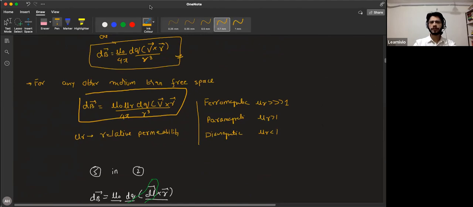Did we discuss direction of magnetic field last week? Ishika, Arpit, Rishma, Minashi, did we discuss the direction of magnetic field last week? Am I audible?